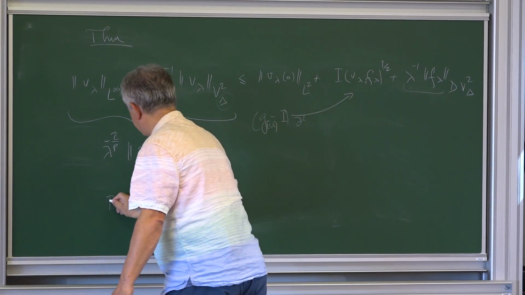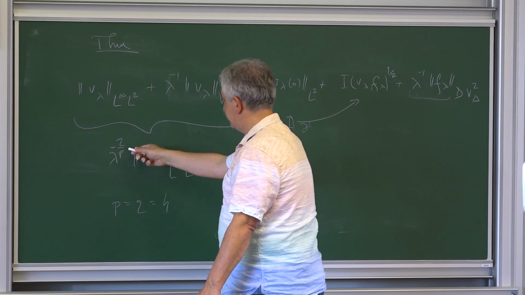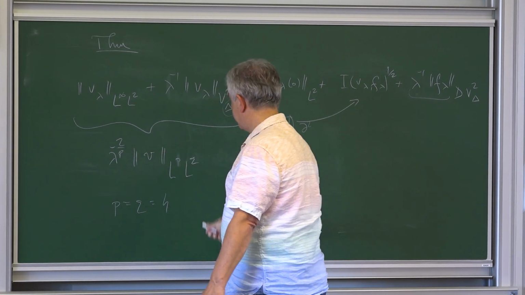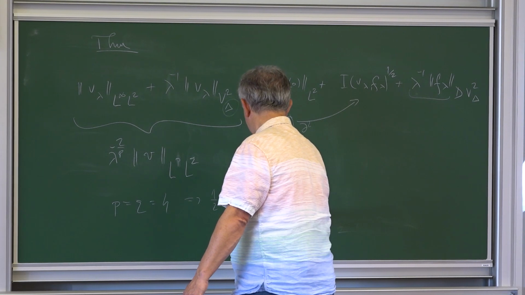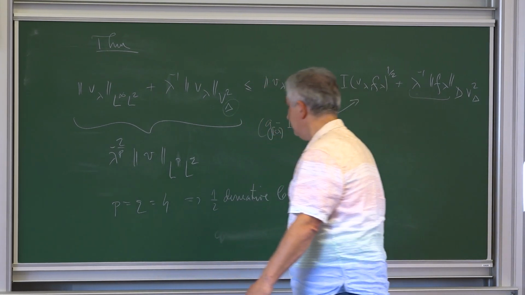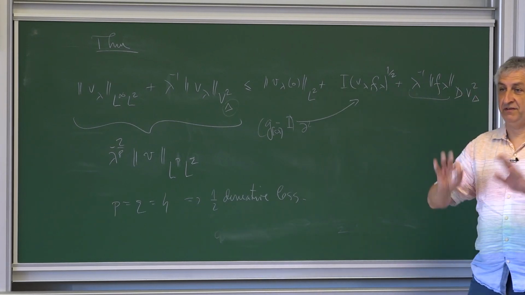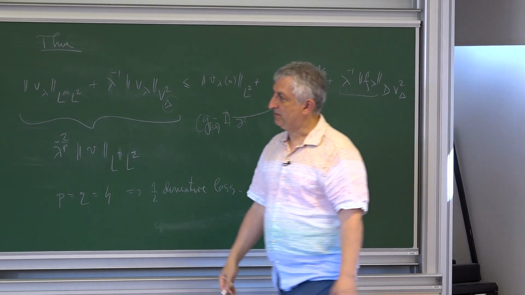And in the particular case when p is equal to q is equal to 4, our loss is 2 over 4, which is a 1/2 derivative loss. And a loss of 1/2 derivative is big, okay, for the purpose of doing estimates.